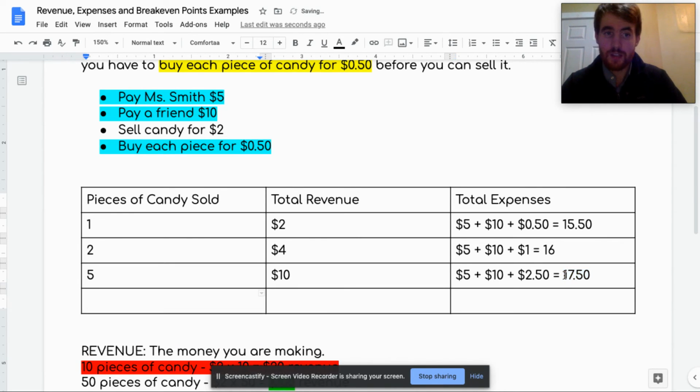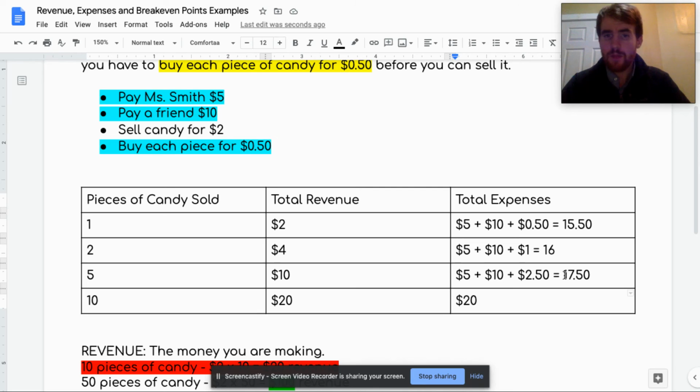When you eventually get to 10, you'll do the math and you'll see the total revenue costs $20 and the total expenses are $20. If you're doing this on your own problem, you might have to jump around and find different numbers. Eventually, you'd find the number that's the closest to the break-even point. There may not be an exact break-even point, or that break-even point may be a decimal or a fraction. So this is one way you could do it.